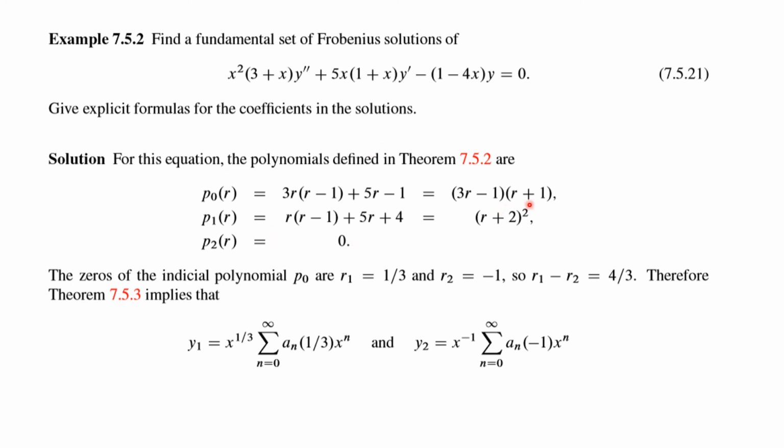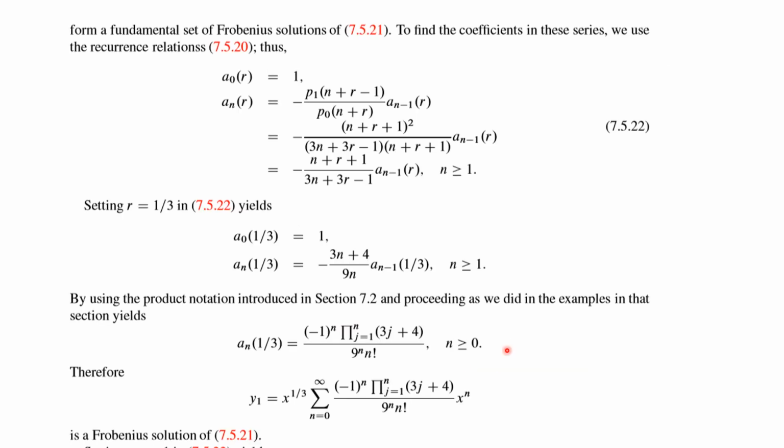And so here's our indicial quadratic, and so it's going to be 1/3 and minus 1, and the difference is 4/3. So that's not an integer, so my solutions are going to look like this, and I need to find out what these coefficients are. And so I have this simpler relationship, and I will see what happens when r is 1/3, and I will get this.